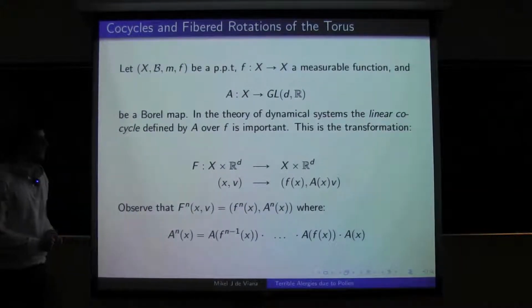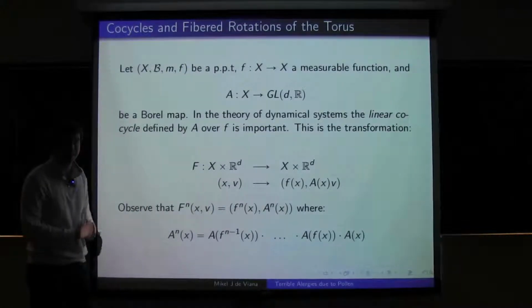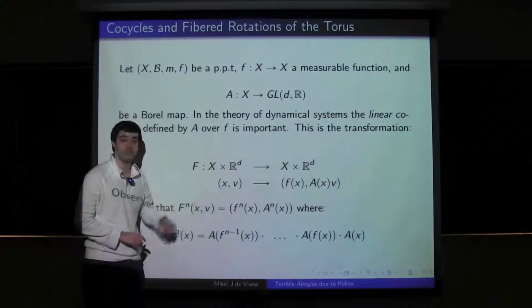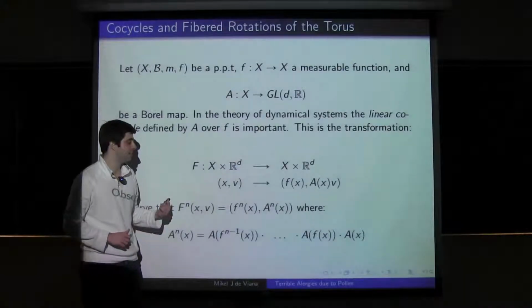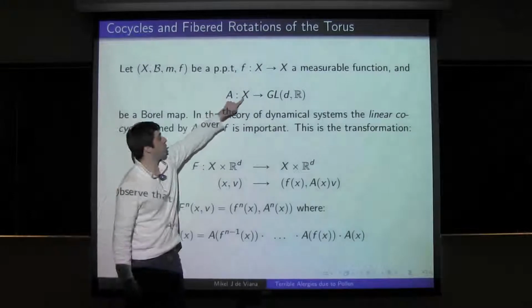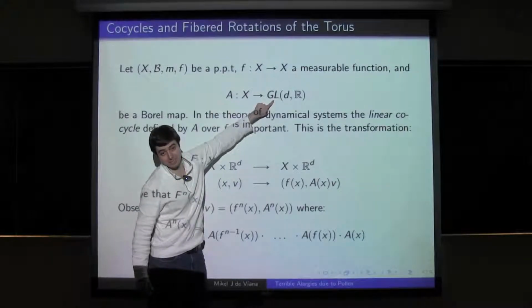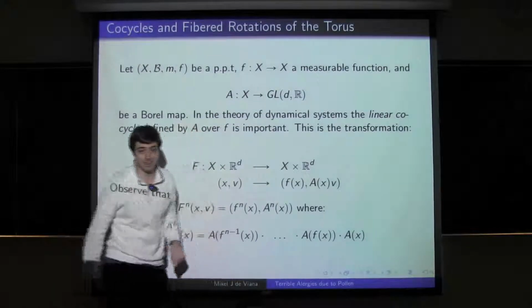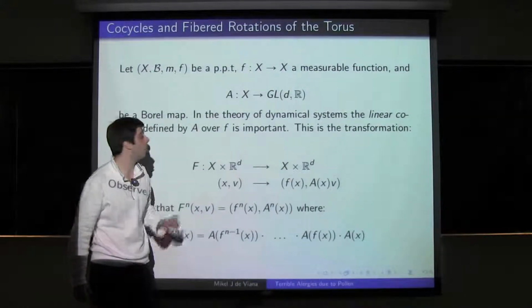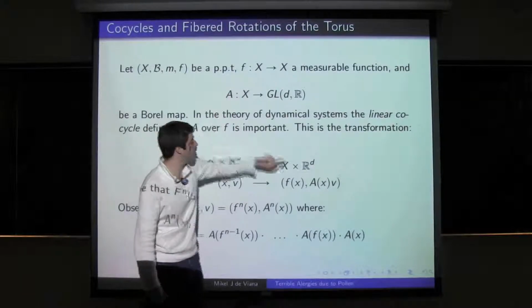Here you have a point x in your manifold. To x there corresponds a matrix. So A(x) is a sort of map induced by f? No, not by f, by A. It's not related.